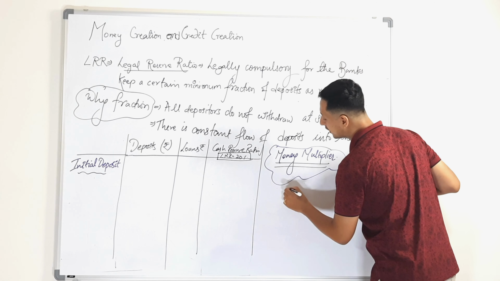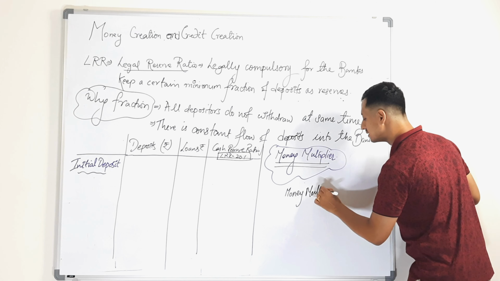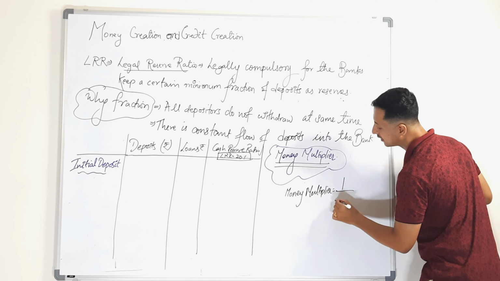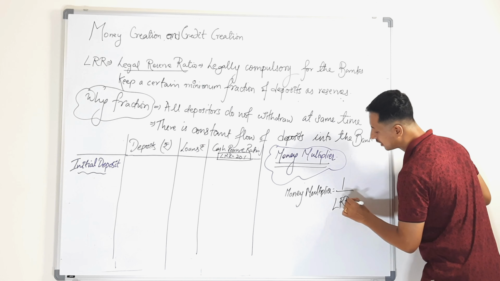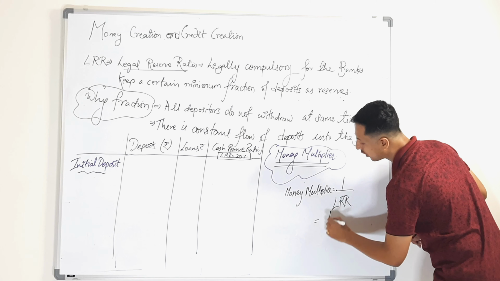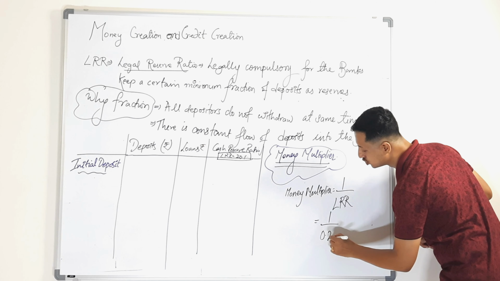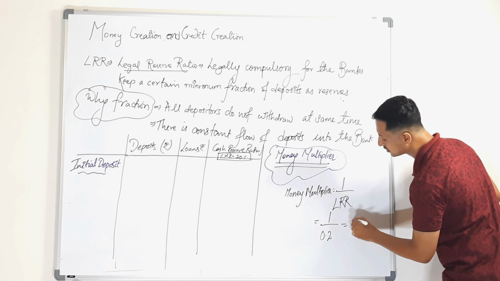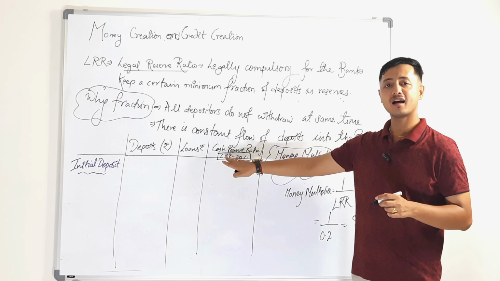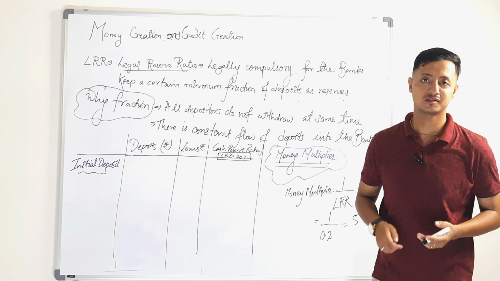So money multiplier is derived by the simple formula, that is 1 by LRR. Okay, then 1 by 0.2, that will give us 5. Alright, so with LRR being 20%, our initial deposit can multiply 5 times.